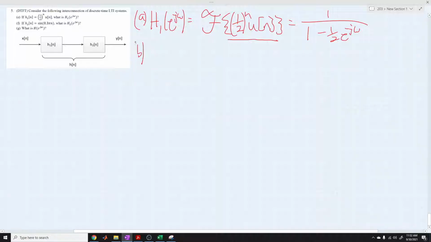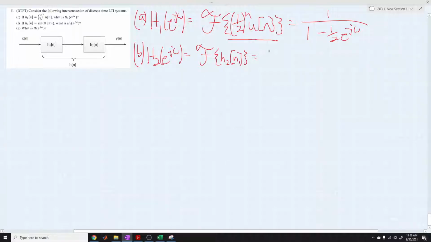Now part B. Big H sub 2 of e to the j omega is equal to the Fourier transform of little h sub 2 of n, and that's a sinusoid.